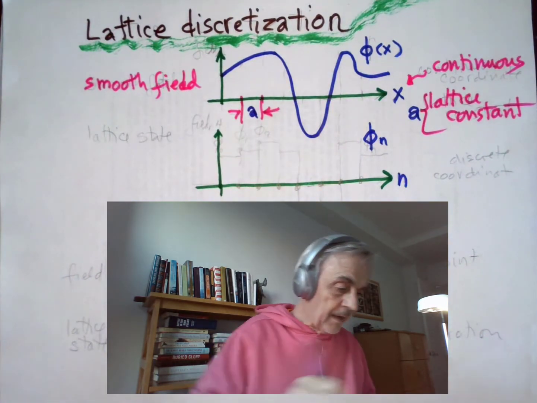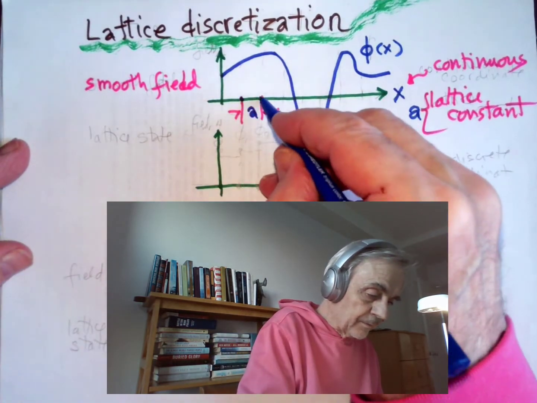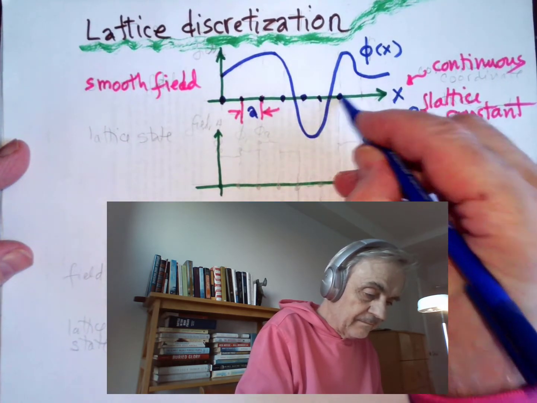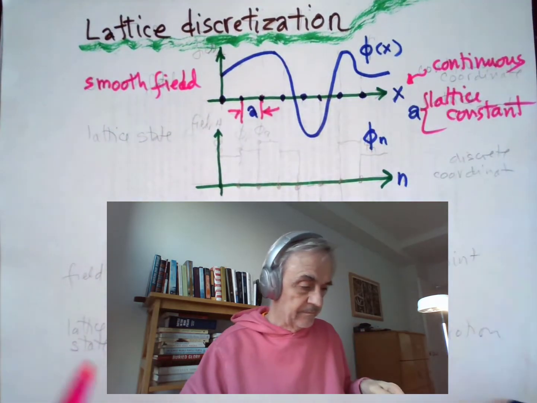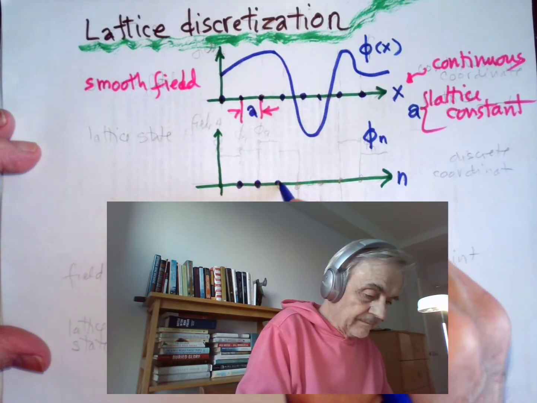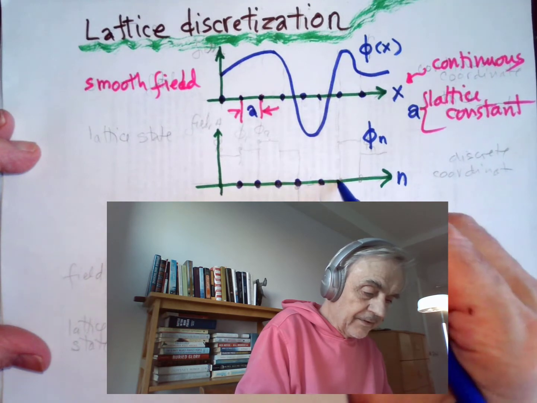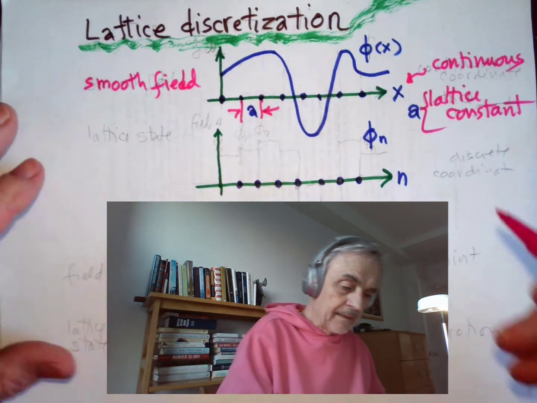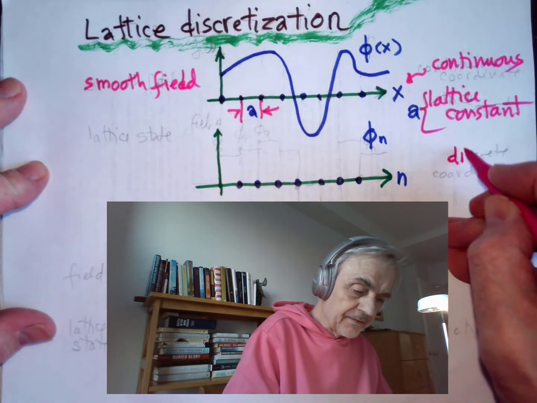And you divide your interval into points whose distance is a. This set of points is called lattice. The basic difference is that they're discrete.